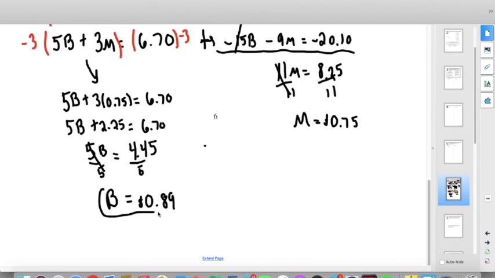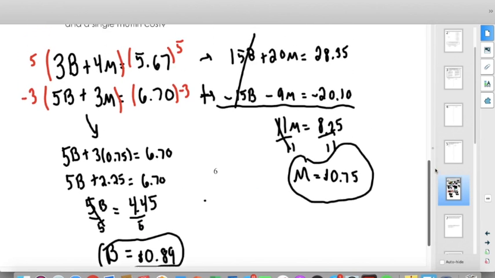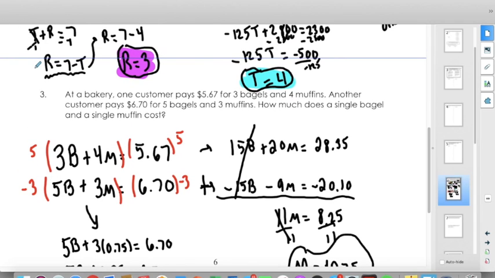So one bagel is 89 cents, and one muffin is 75 cents. That was a terrible circle. Looks like a roller coaster. Okay. So again, what did I do here? I used elimination. I prefer elimination. Okay, next page.